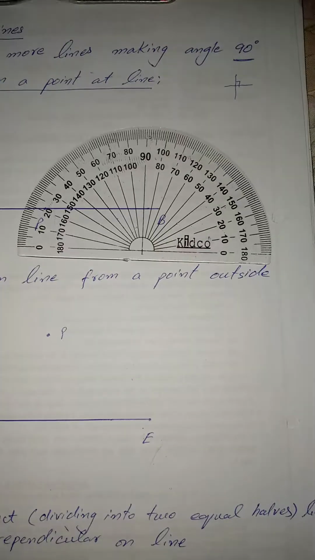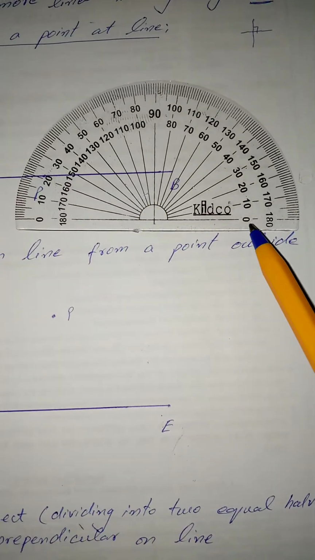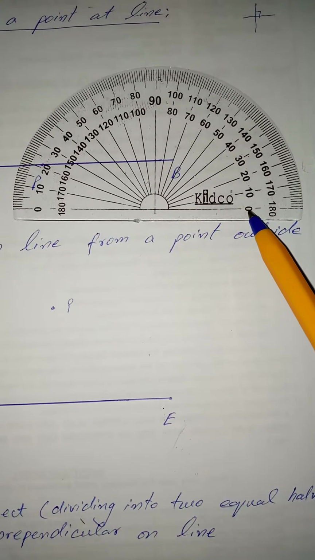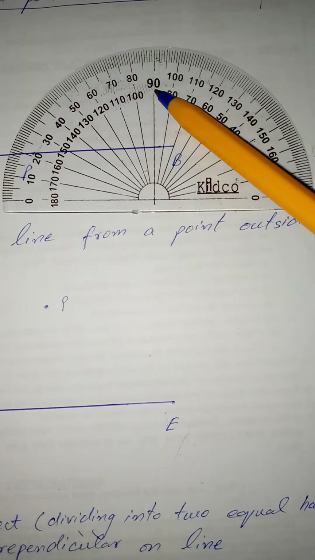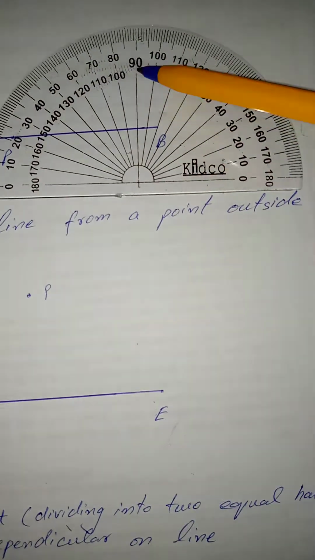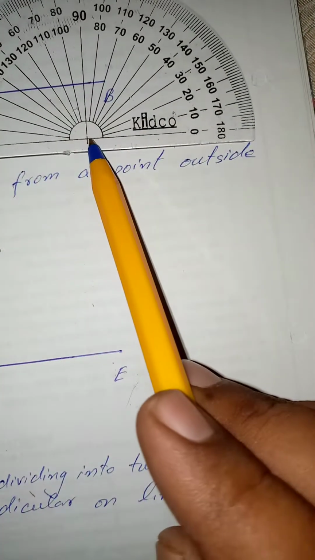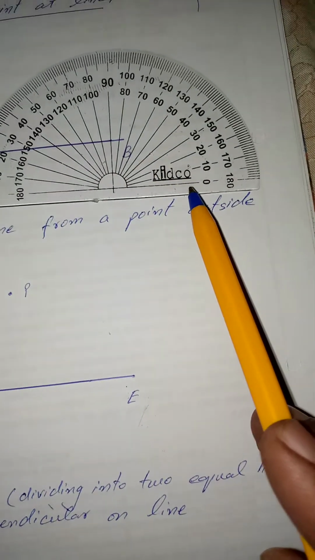We can also use a protractor for that. A protractor can measure up to 180 degrees. If we start from here, this is 0 degrees, then we will read its inner readings, that is 0, 10, 20, 30, and it will go up to 90. This 90 degree line is making an angle of 90 with this horizontal, which is at 0 degrees.